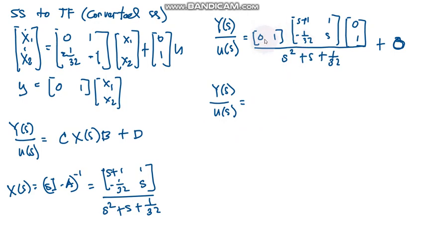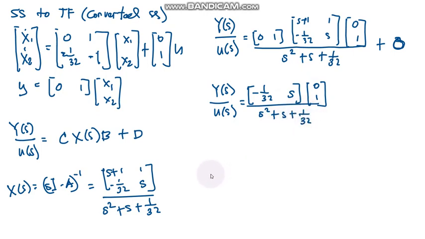Multiplying these two matrices, 0 times this is 0 plus 1 times this is negative 1 over 32, the first element of the matrix. Another element of the matrix will be 0 times 1 is 0 plus 1 times s is s. So we have here s, and then the matrix 0, 1, over our denominator s squared plus s plus 1 over 32.